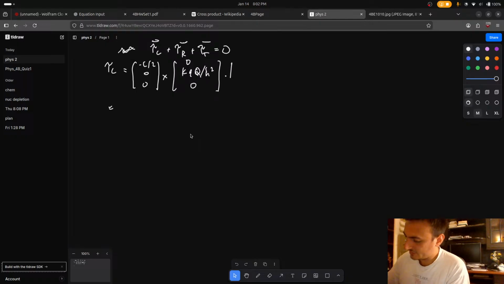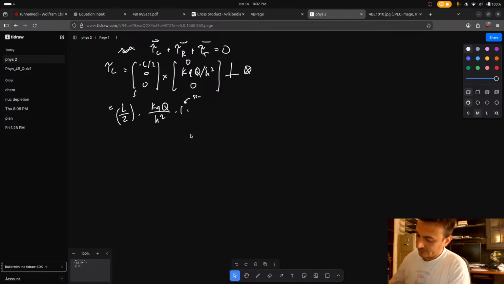This is perpendicular and it's into the page. It's negative torque because you go vroom, vroom. Okay, so this norm is L over 2 times kQQ over h squared times 1 times sine times 0, minus 1.